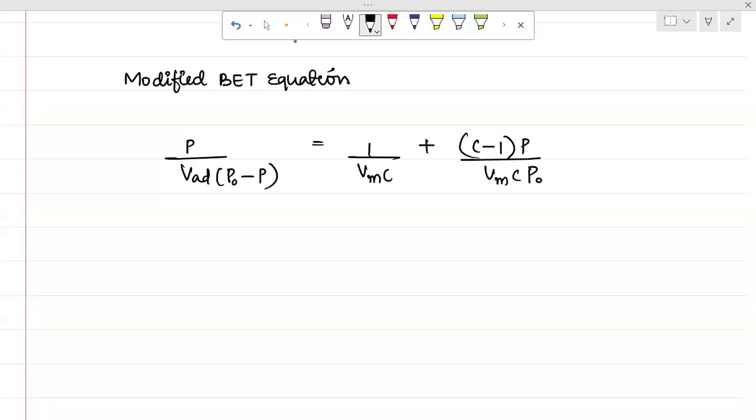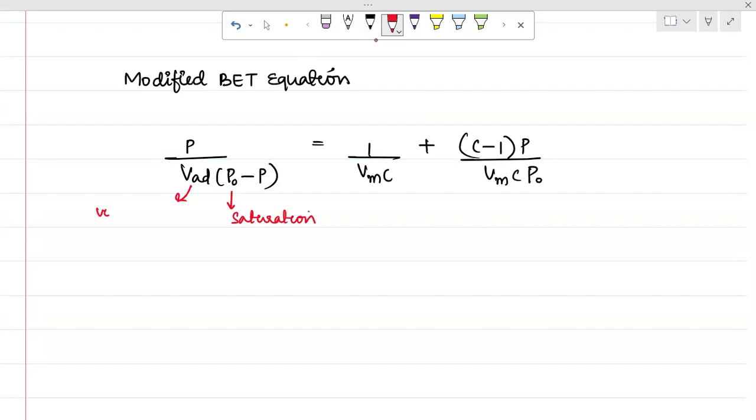In earlier days, if you did not learn this equation, it was fine. But nowadays, you get a lot of questions from here, so you cannot skip this. So P naught is the saturation pressure, P is the pressure of the gas.